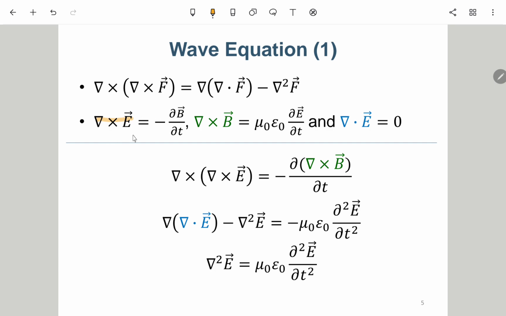Okay, and if we need to make use of it, which means we try to put it here, we need to take the curl of the first equation. So for the first one, we take the curl, it becomes like this, and then we try to put this curl into this partial derivative. Just believe it is true.